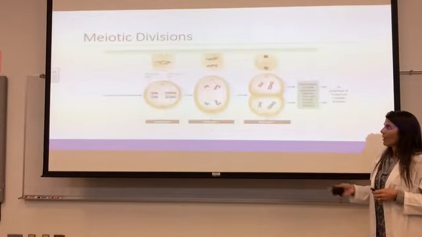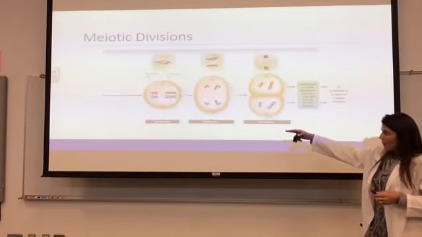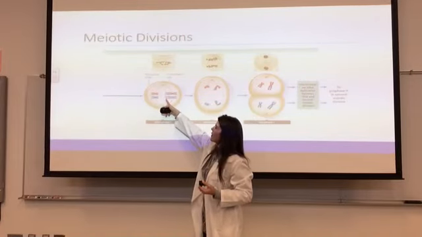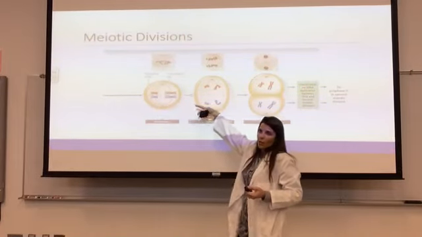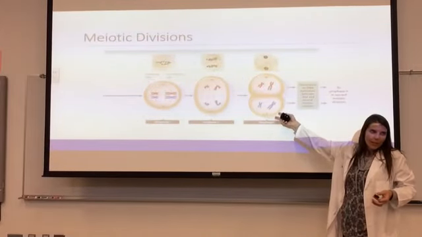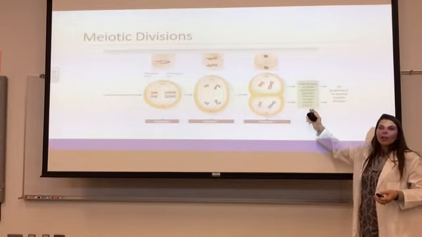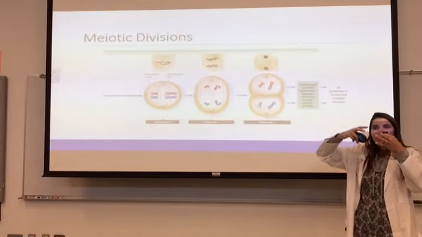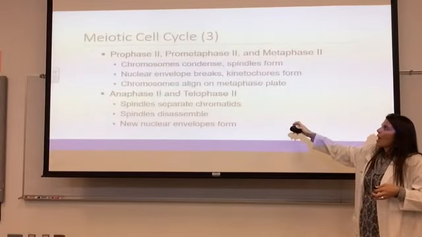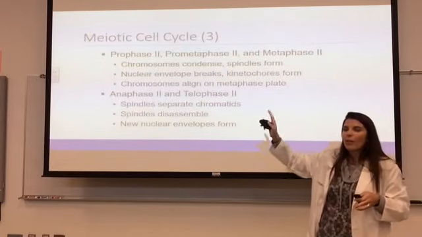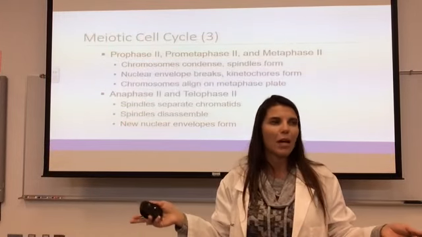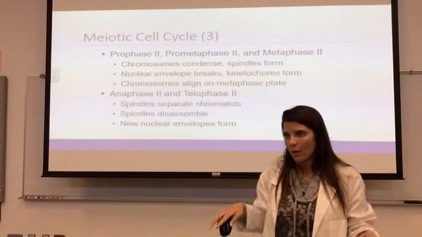So here, again, I mentioned that there's the 2 lined up here in the center, and you can tell that this is meiosis because crossing over has occurred. There's a little bit of a change there, genetic variation. Anaphase is the same, telophase is the same. Then it goes through this interkinesis, which means like a temporary rest, but it's still separating those cells. Prophase 2, metaphase 2, anaphase 2, telophase 2, the same as they were before.